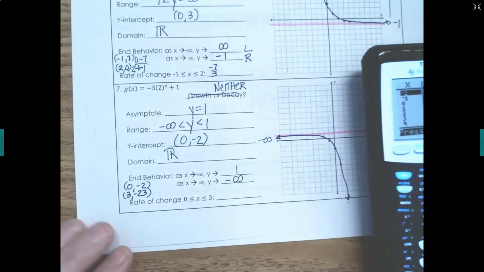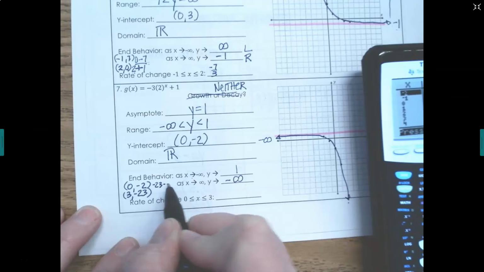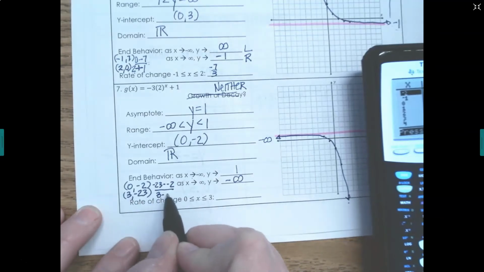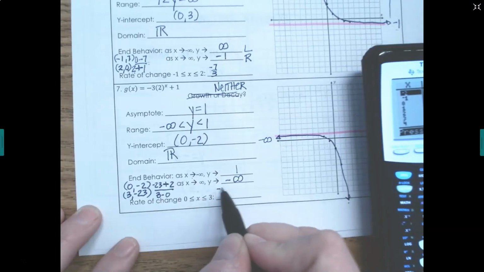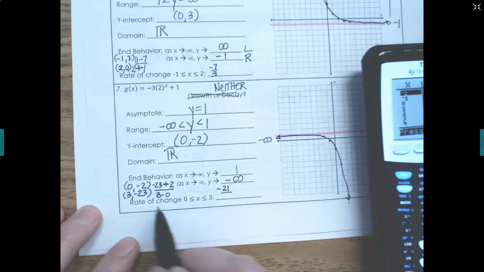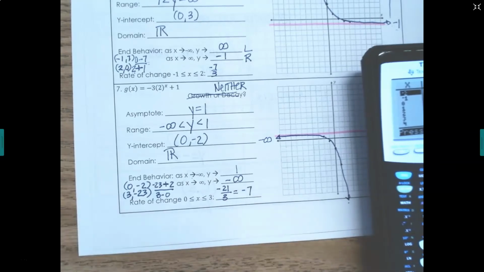So we have -23 minus -2 divided by 3 minus 0. So that negative becomes positive. -23 plus 2 is -21 divided by 3, which will give us a slope of -7.